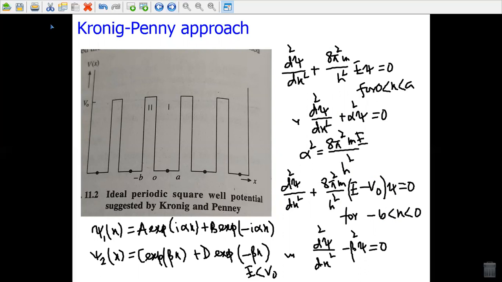So here we demonstrate some of the characteristic features of electron propagation in crystals by considering the periodic square well structure as shown in one dimension. I further say that it is a highly artificial model, but it is a model which can be treated explicitly using only elementary functions.